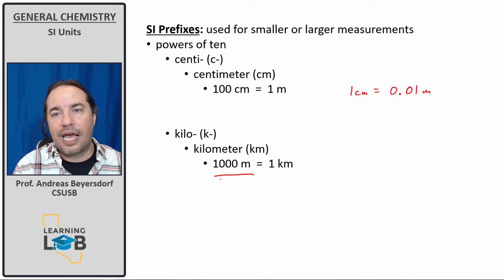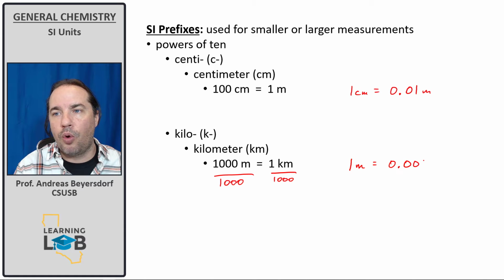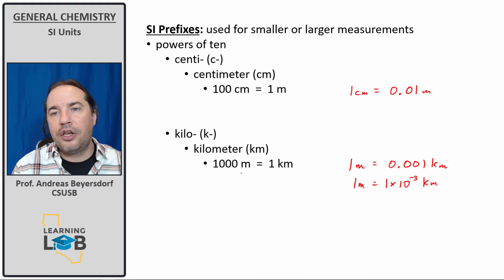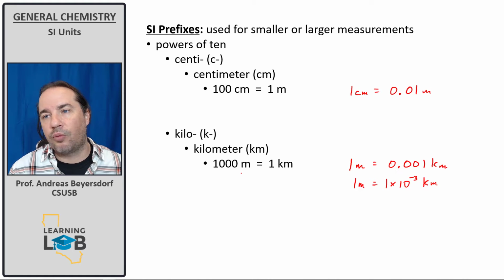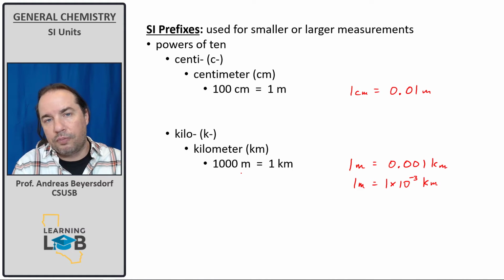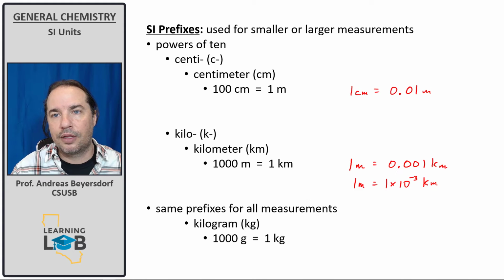And in the same way, if we divide both sides by 1,000, we get that 1 meter equals 0.001 kilometers. Or that 1 meter equals 1 times 10 to the minus 3 kilometers. And so we can use these prefixes if we're talking about something very small or something very big.